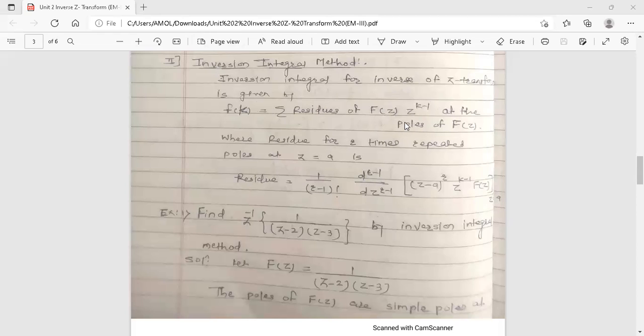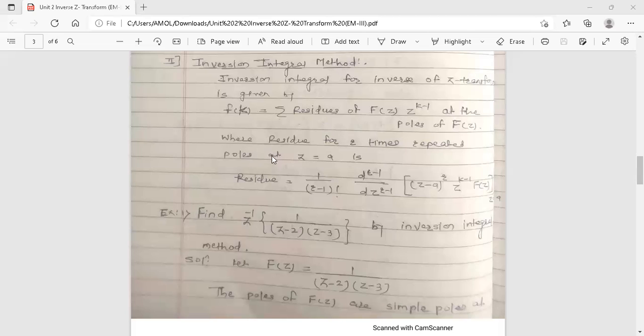You first find the poles of F of z, then find the residues of F of z into z raised to k minus 1. After finding the residues, you just add all the residues. That is nothing but your sequence, your required inverse Z transform. Sequence means inverse Z transform.